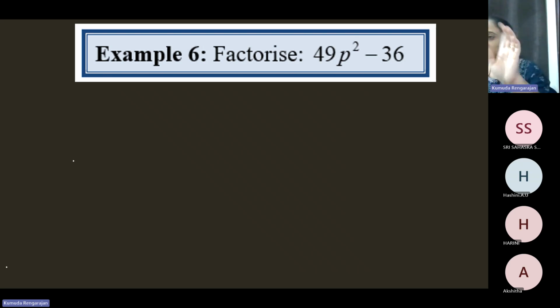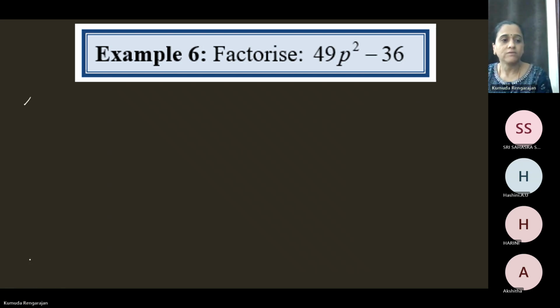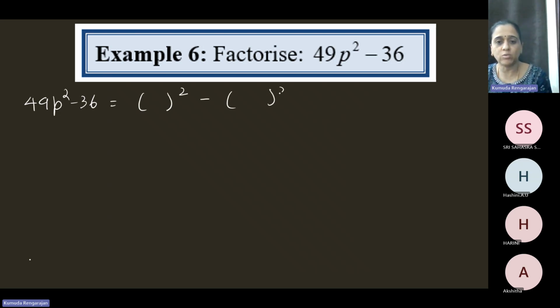And the sign in the middle is minus. So the given expression is of the form a squared minus b squared. See, a squared, perfect square. b squared, perfect square. And minus sign. Okay, so 49p squared minus 36 can be written in the form a the whole squared minus b the whole squared.